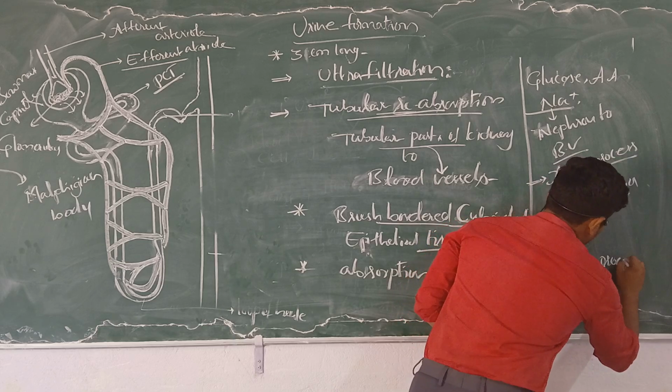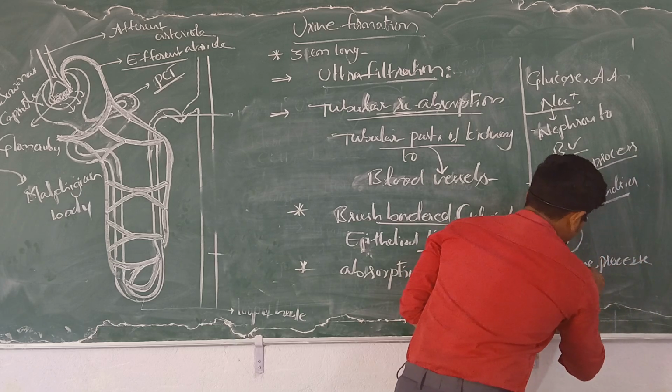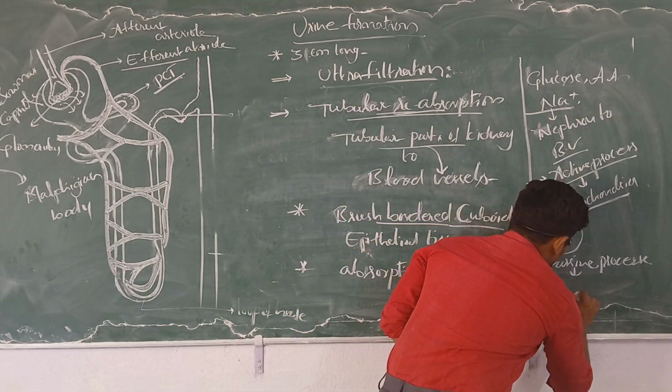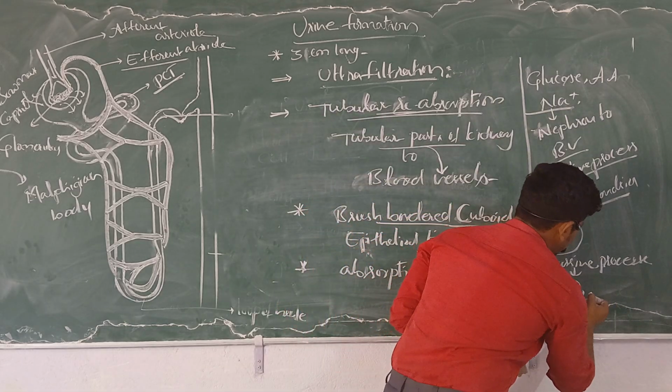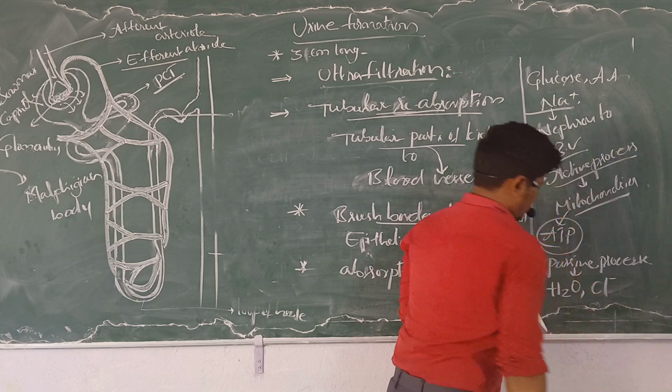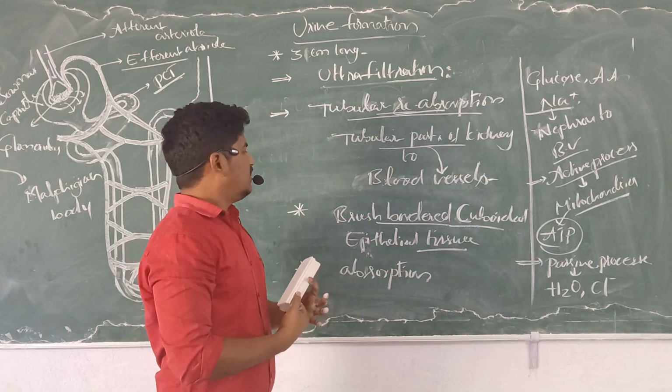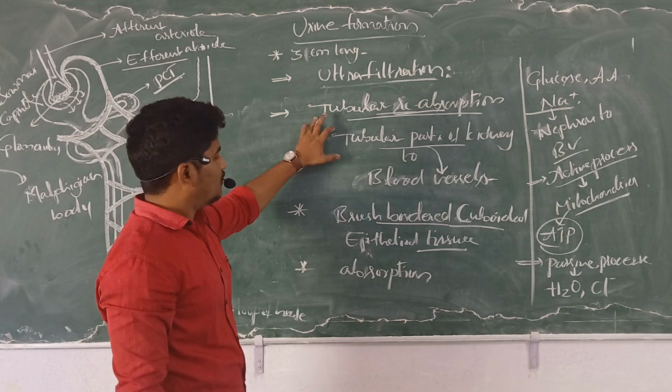Through the passive process, what enters here is nothing but water, through simple diffusion, and as well chloride ions. These two are entering. That's all. Here we see what happens in tubular reabsorption.